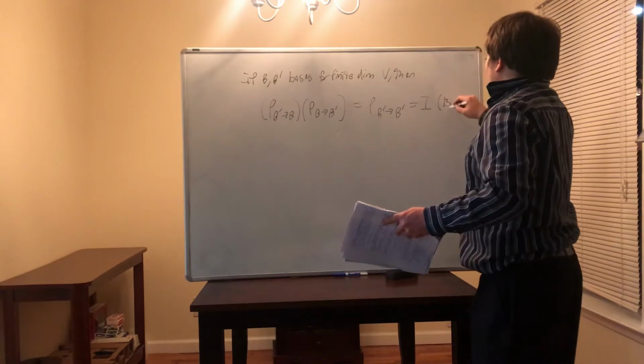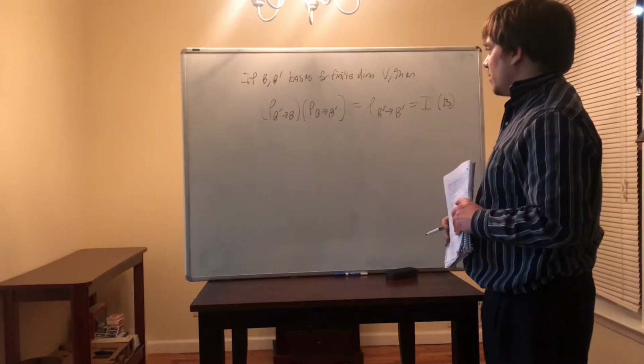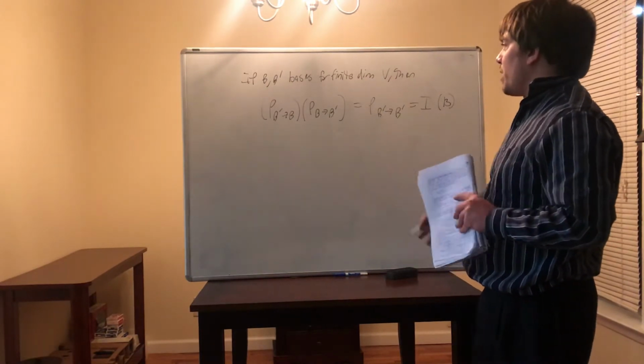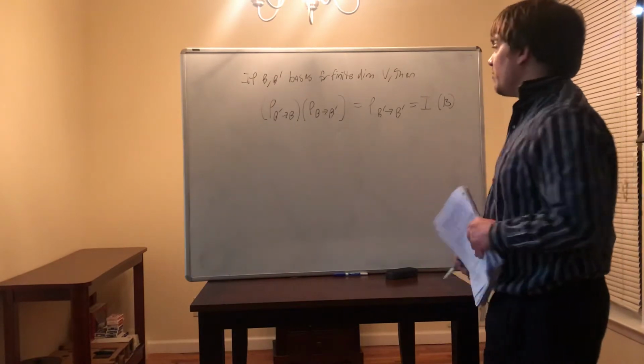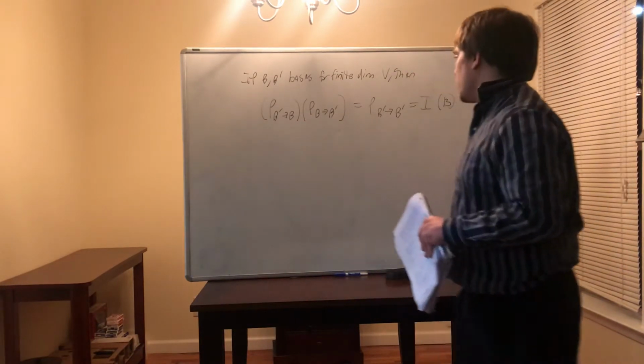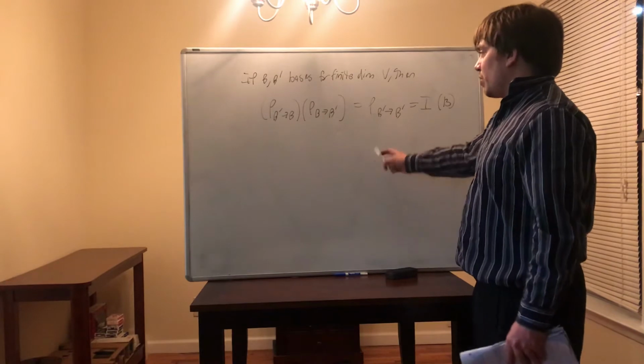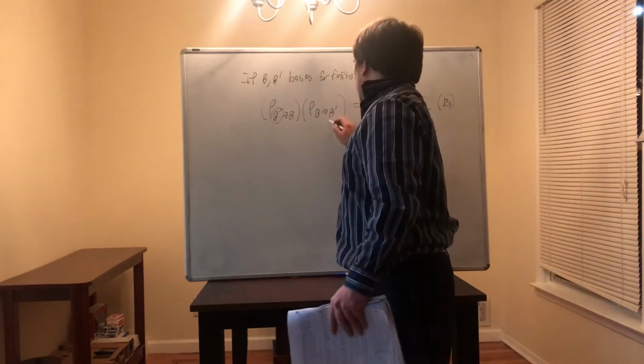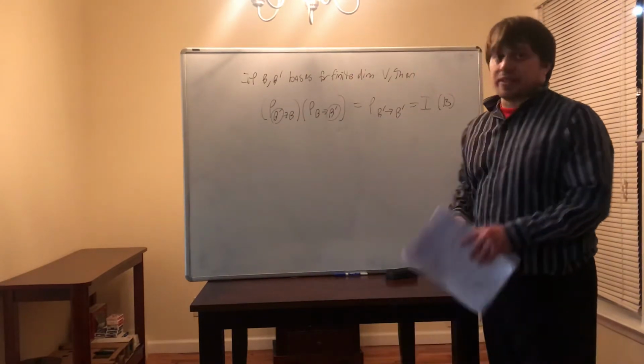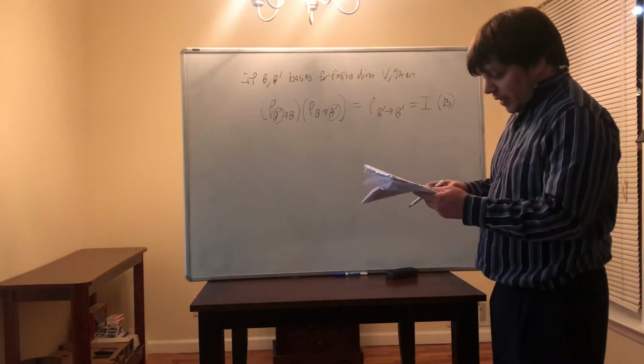This is theorem 13 in this section. So if B and B prime are bases for the same finite dimensional vector space V, then if you multiply this times this, you're going to get the transition matrix from B prime to itself, which is the identity.